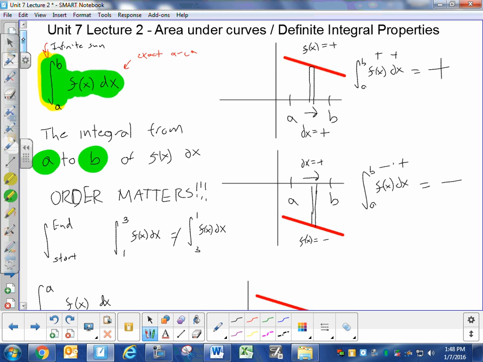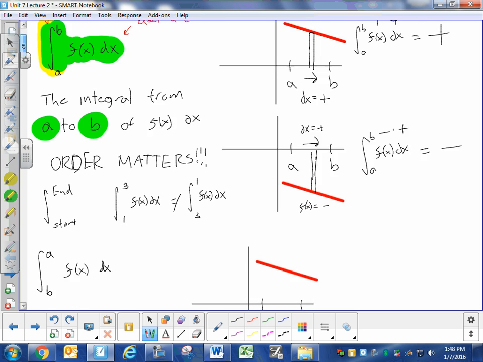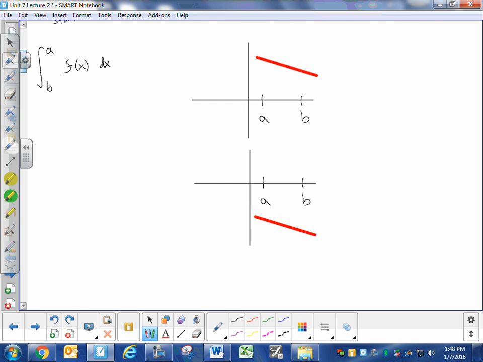Okay, well, let's go opposite. Instead of going from A to B or like 1 to 3, let's go from 3 to 1 or B to A. Let's see what happens when I draw one of my rectangles. Well, here, since it's above the x-axis, function value is still positive.